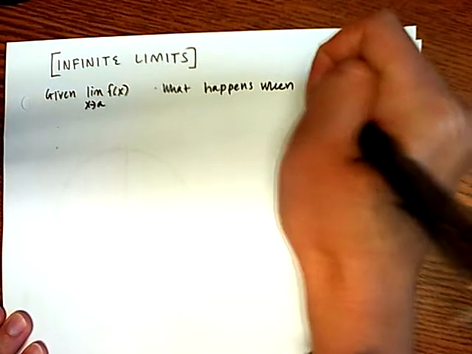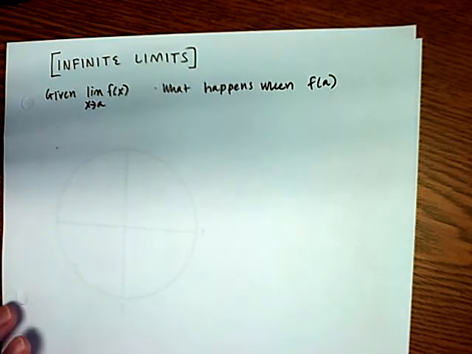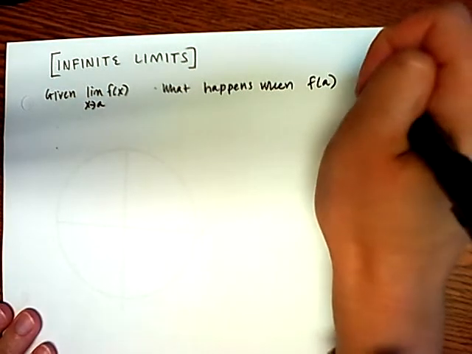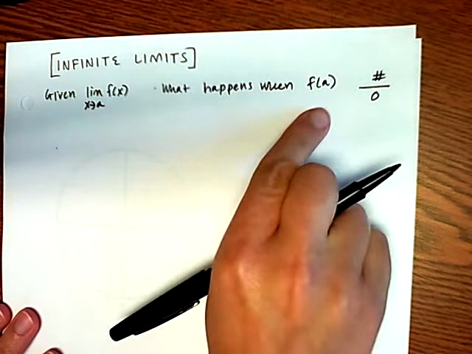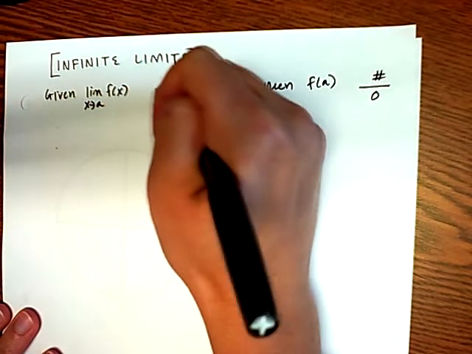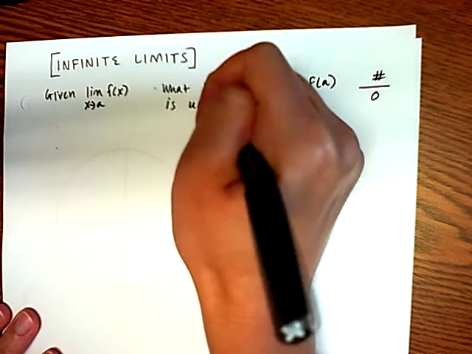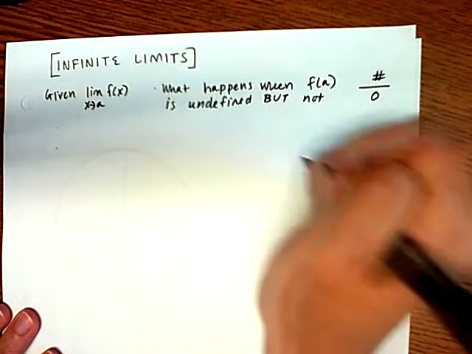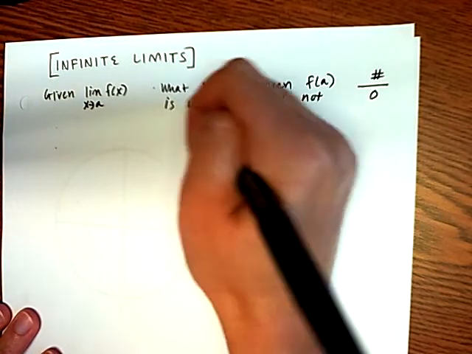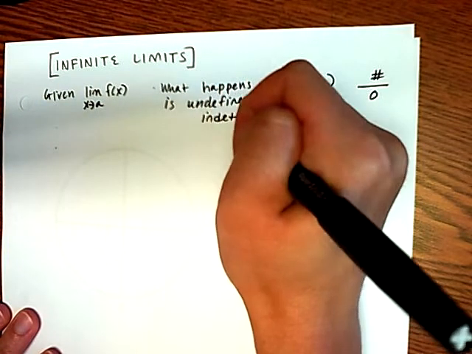when I plug in and get f of a, I get a number over 0. So what happens when f of a is undefined, but it's not indeterminate? Remember, indeterminate is 0 over 0.